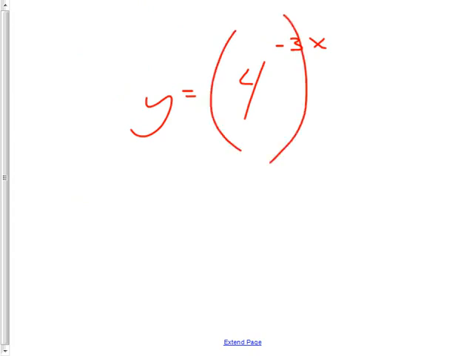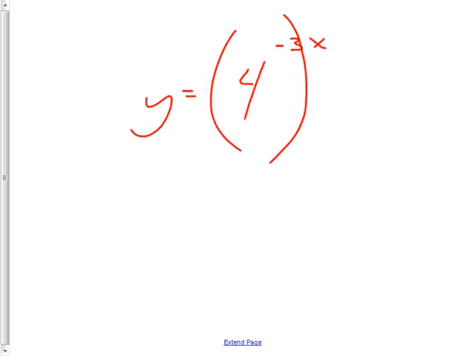All right? So if you saw that y equals, say, 4 to the negative 3rd power to the x, then that'd be the exact same thing as if I do 4 to the 3rd power and put it to the x. What is 4 to the 3rd? 64.